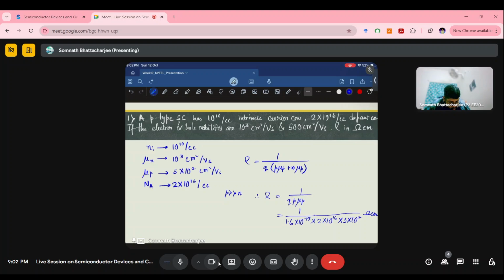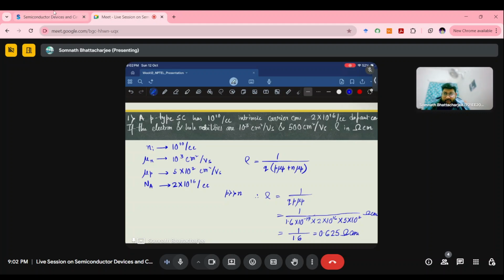So this is 1 divided by 1.6, and 1 divided by 1.6 is 0.625 ohm centimeter.